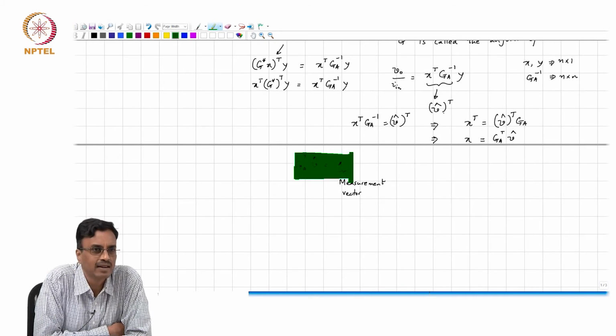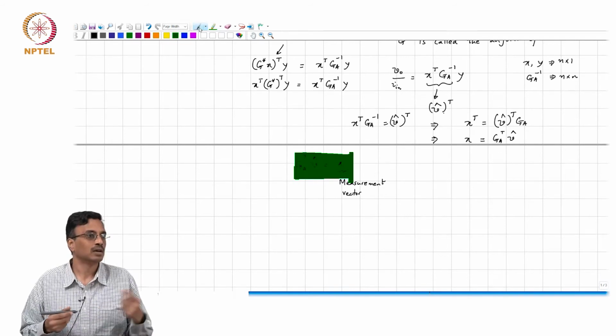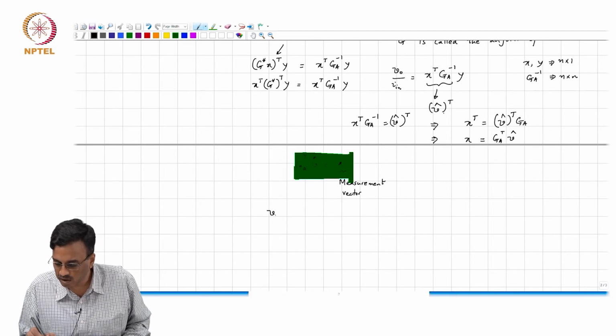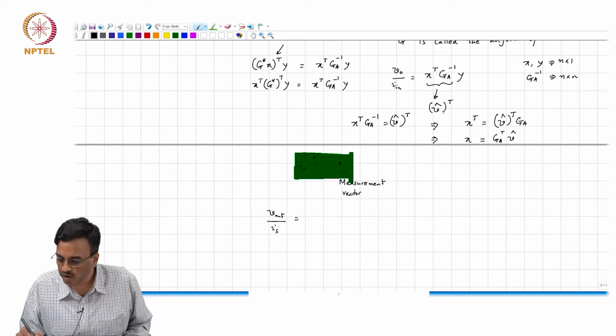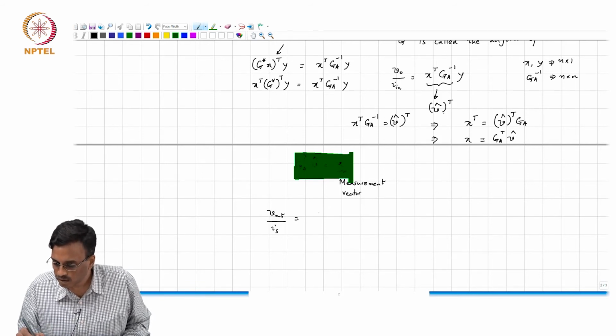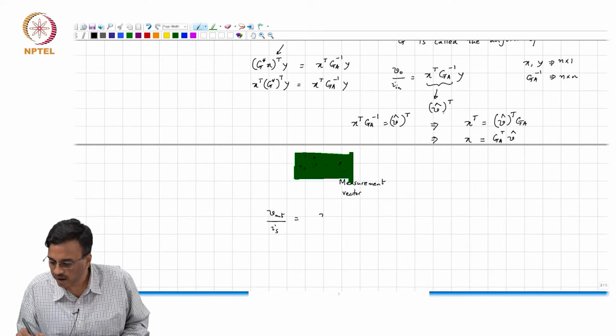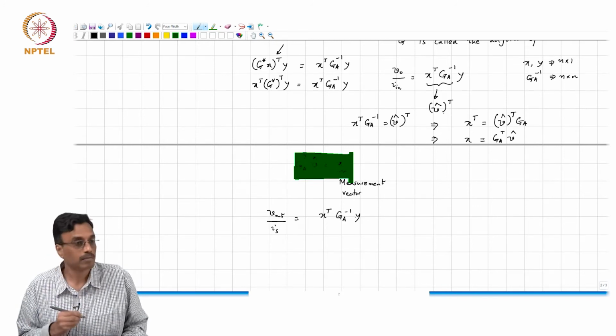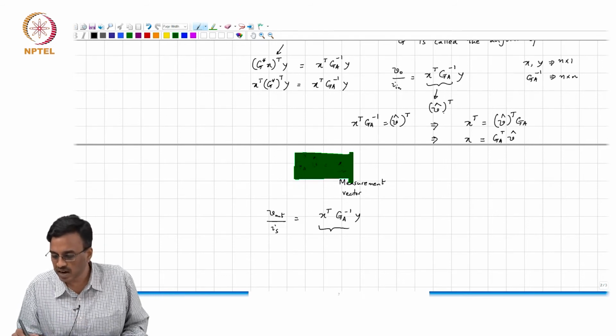Once you find V hat, what do you do? Remember that in the original network, V out is basically X transpose times GA inverse times Y. And what is X transpose times GA inverse?